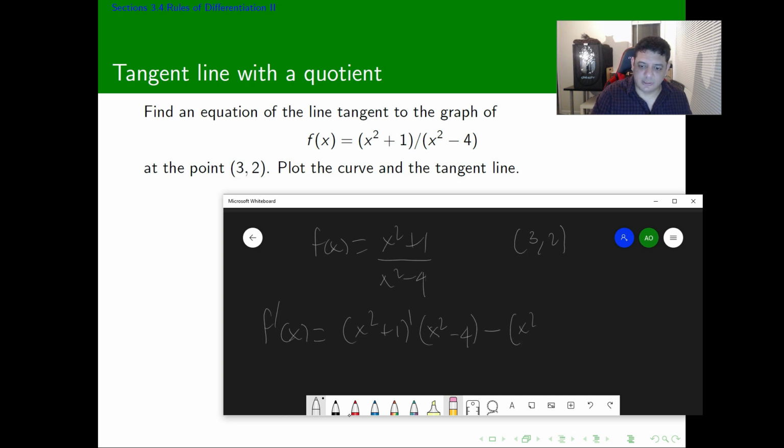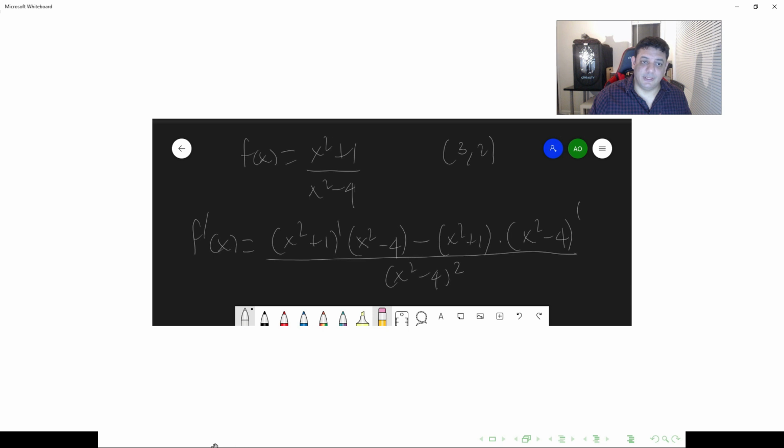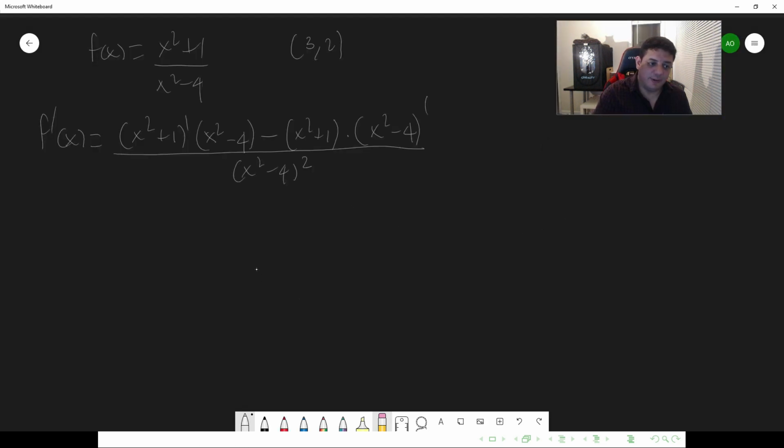Minus (x squared plus 1) times the derivative of x squared minus 4, divided by (x squared minus 4) squared. So now if we take a look at what that is, this is actually 2x (x squared minus 4) minus, we're going to get another 2x from here, (x squared plus 1), over (x squared minus 4) squared.